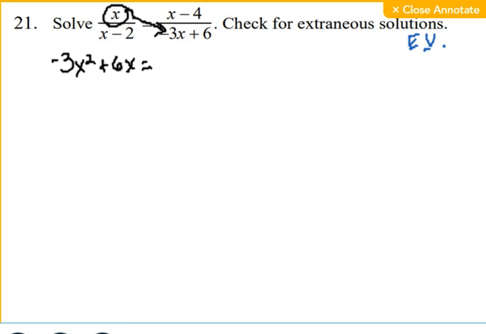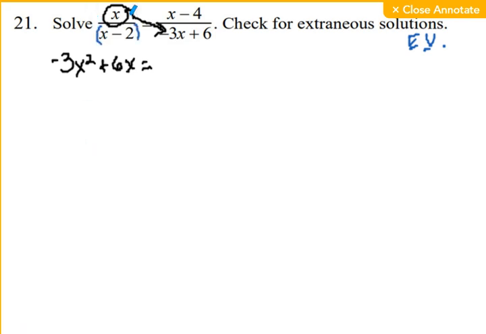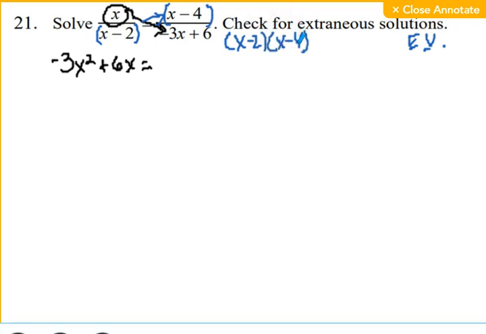Now we're going to multiply. I'm going to change color so that you guys can see what I do on the other side. We're going to multiply x minus 2 times x minus 4. I'm going to write them over here so you can see it. We need to use distribution, or we can use the area model, but for right now, expeditiously, we're just going to multiply with distribution. So x times x, that's x squared.